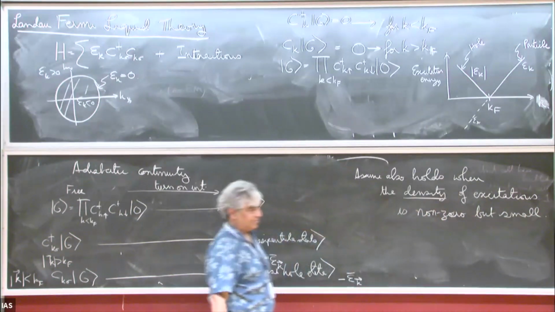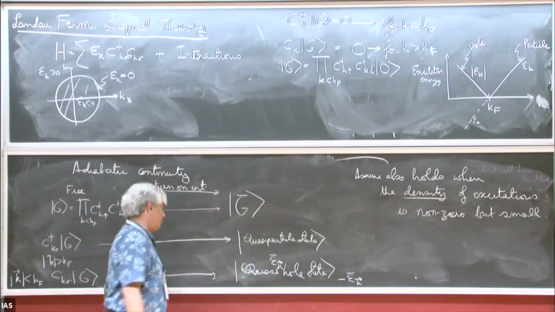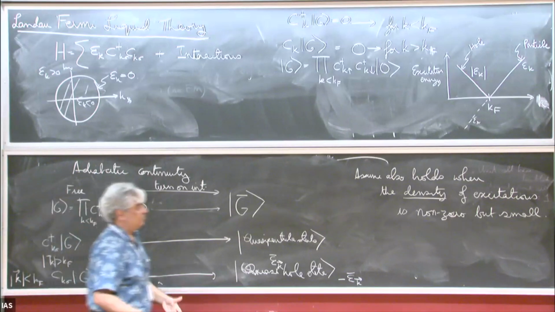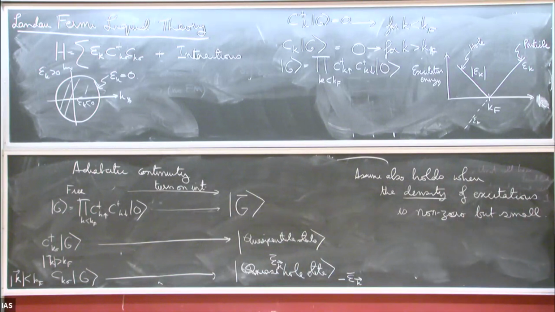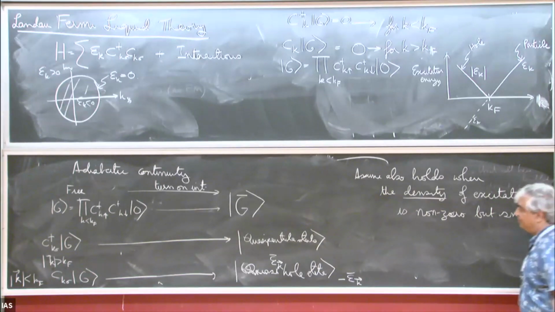That's going to get into a lot of trouble. But we don't want to describe just one or two excitations either. That's not thermodynamically significant in an infinite system. We want to describe a situation where there's a finite density, but we're going to take that density to be small, and the energy of those excitations also to be small.